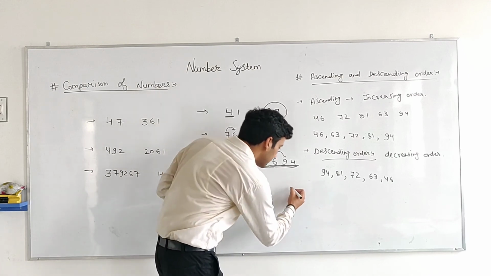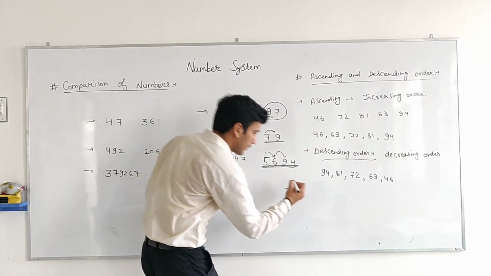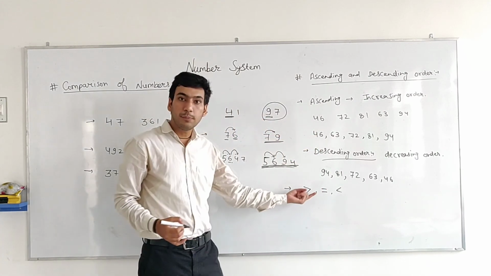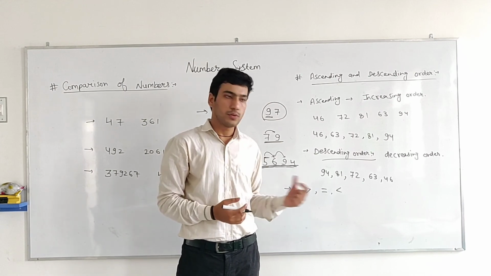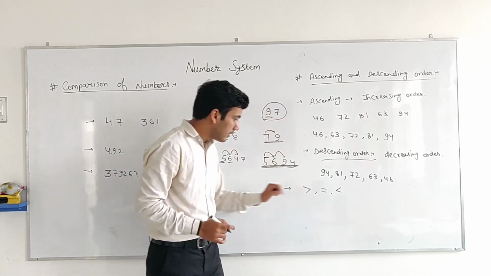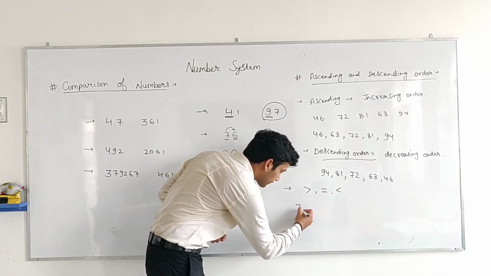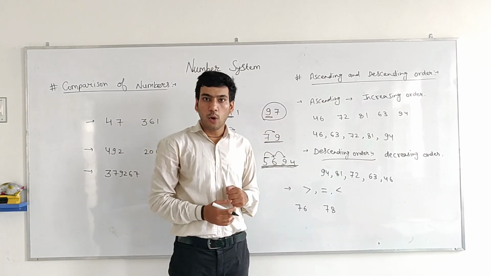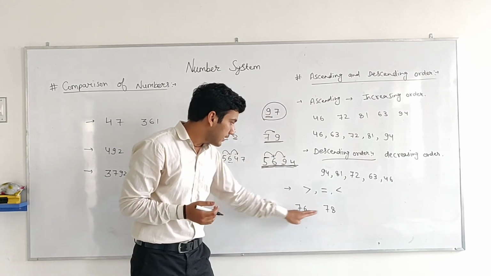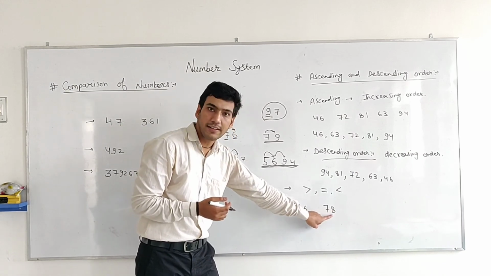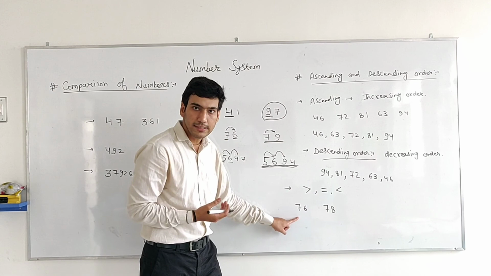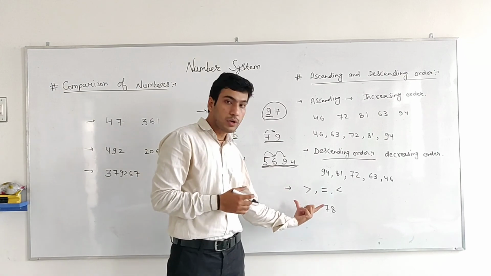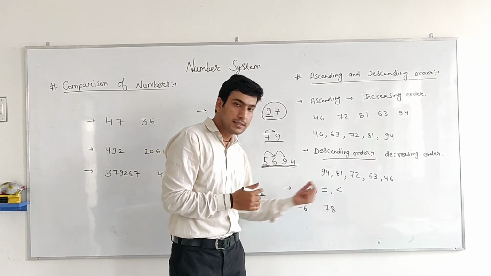Now, there are symbols used in ascending and descending order. What is the meaning of these symbols? If I am writing two numbers, and you all learned what comparison of numbers is, you can see 78 is a greater number than 76. Then how can I represent this comparison, or which is greater, in symbols?